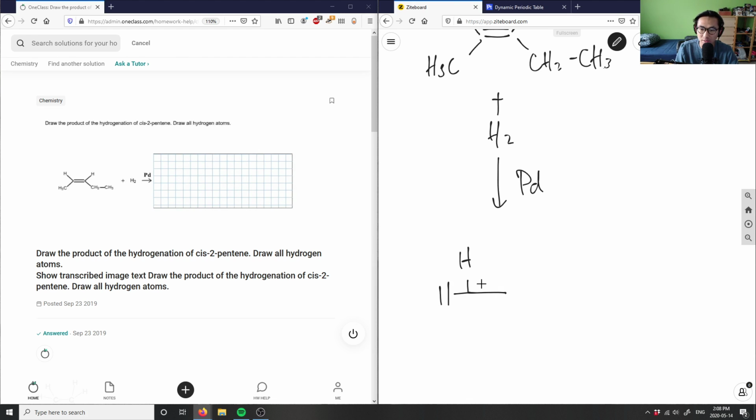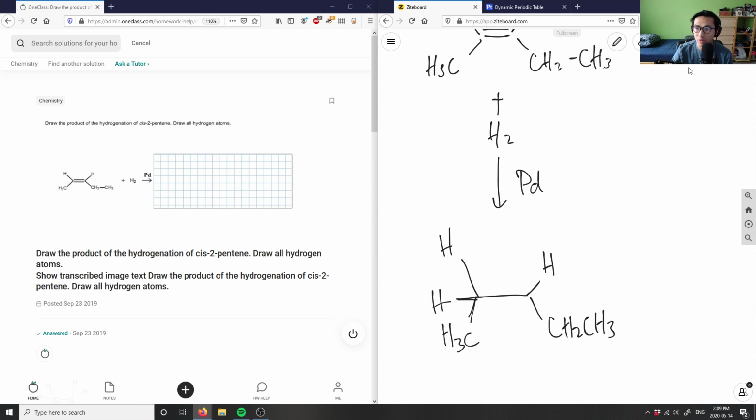So actually, let me draw this out better, because I don't really like this guy here. Let me see. I have my H here, and my H3C. And then I'm going to have H here, and then my ethyl group. So this is CH2, CH3.